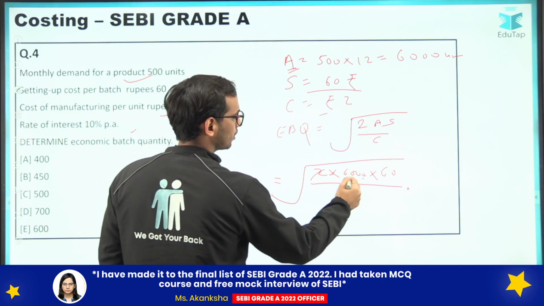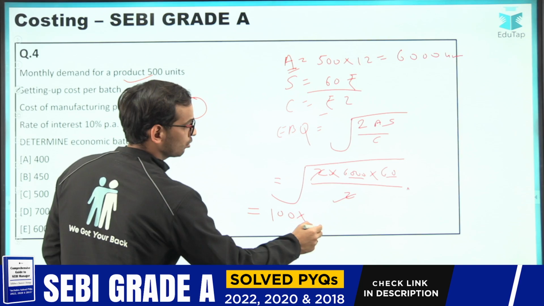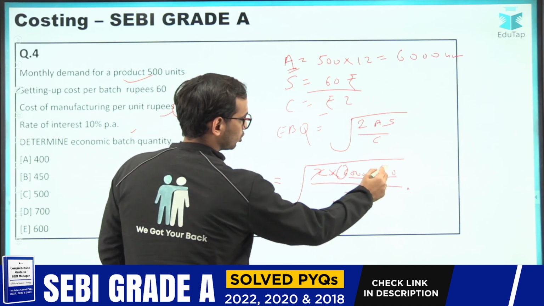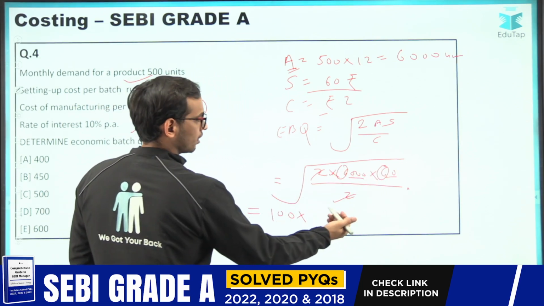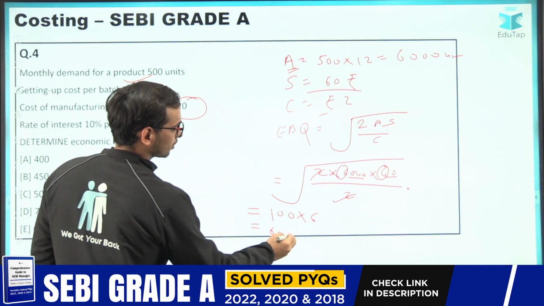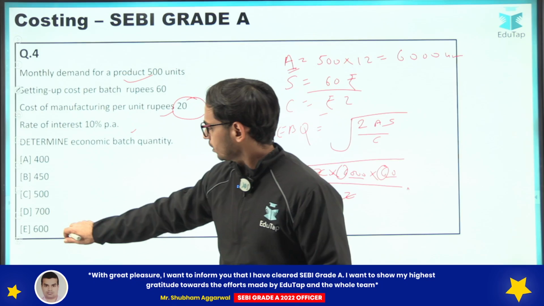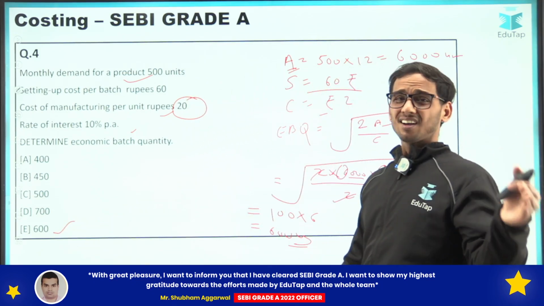This will be cancelled, 30 and 40. So it will be 20 into 6, so when we take it outside of the square root, it becomes a single 6. So 600 units will be your answer. So option number E is your correct answer here.